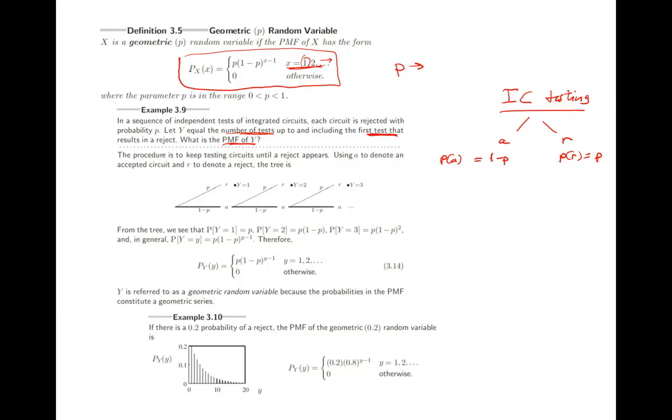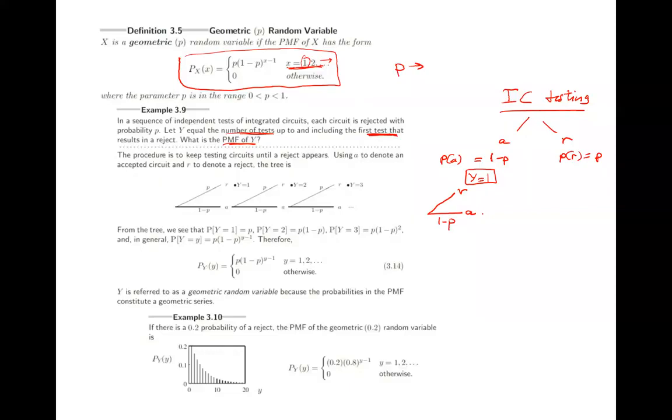So we can again draw a tree diagram. Let's say I take the first chip and look at whether it is accepted or not. If it is accepted, we have a probability of 1 minus P. We have accepted, and we have rejected. Then Y here will be 1, the number of tests until rejection.